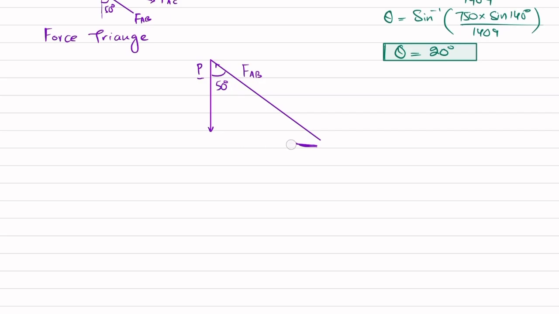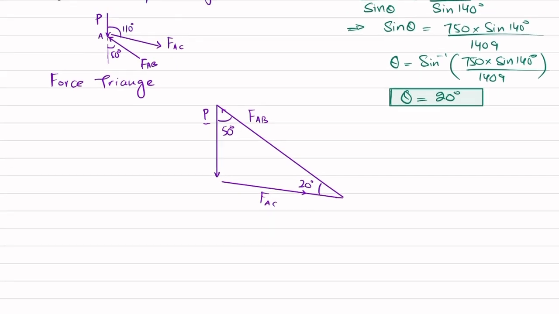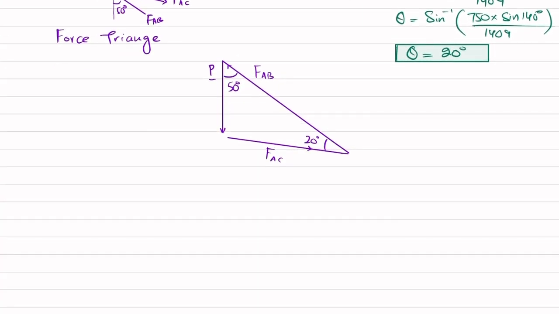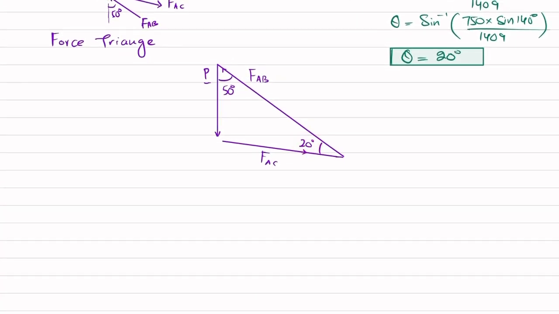It will not be a straight line, but like this if I extend it over here. So the resultant will be FAC, and this angle is 20. You can see the angle between AB and AC is 20 degree, and if you draw it correctly, you will get this angle as 20 degree.